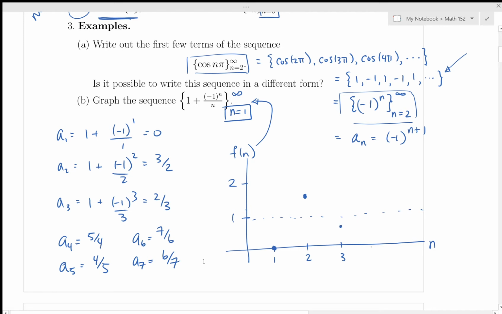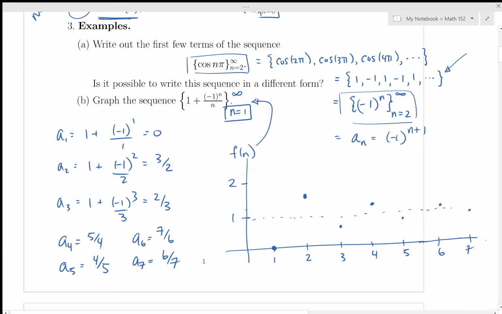And then when n is 4, we are at 5/4, and when n is 5, we're at 4/5. And when n is 6, what did we get? We got 7/6. So we're a little bit closer here. And then when n is 7, we can keep going like this. That is 6/7.